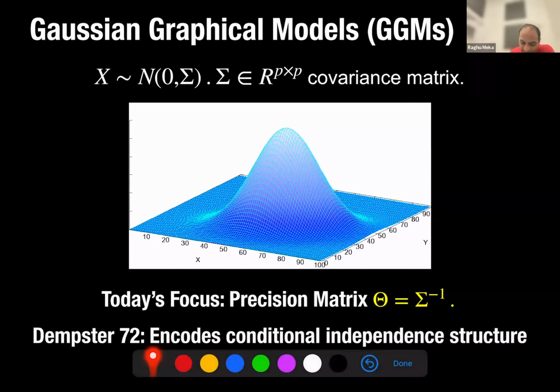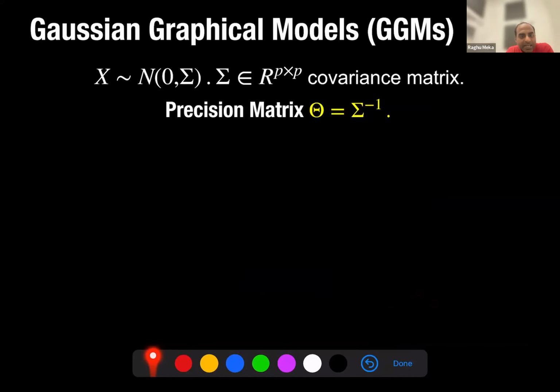Okay. So why focus on the precision matrix? Because for Gaussian distributions, the precision matrix encodes conditional independence structure, just as we were talking about in the context of graphical models. In particular, let's say I have a Gaussian distribution with covariance matrix sigma and precision matrix theta.